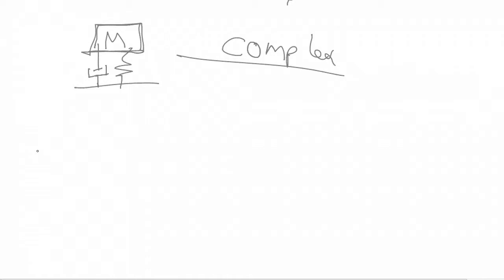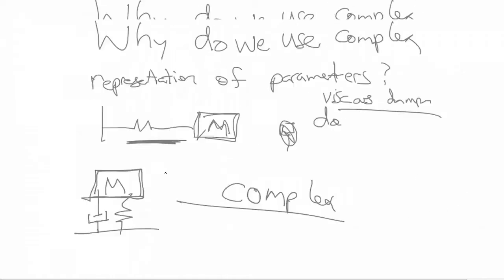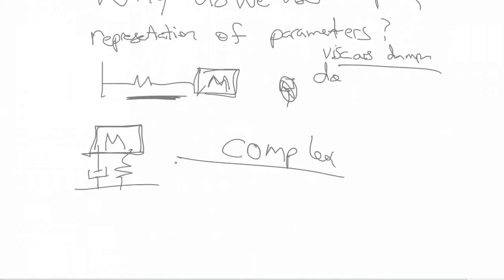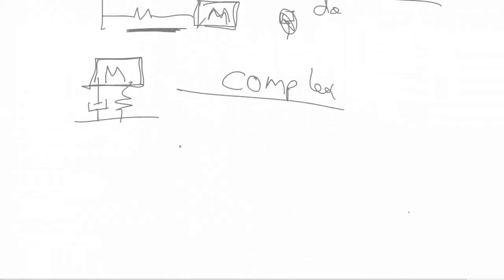The first thing you should have learned from this is why we use complex representation of parameters. The reason is because of the stored energy: the lost energy is proportional to the stored energy. The other reason this mass spring damper is not appropriate for a piezoelectric material is if you look at the form of zeta, which is practically a damping constant.